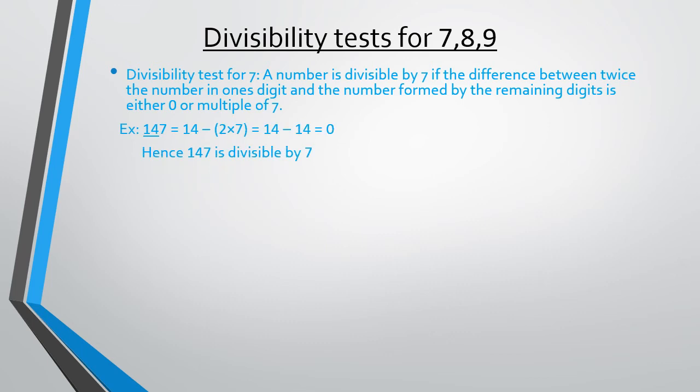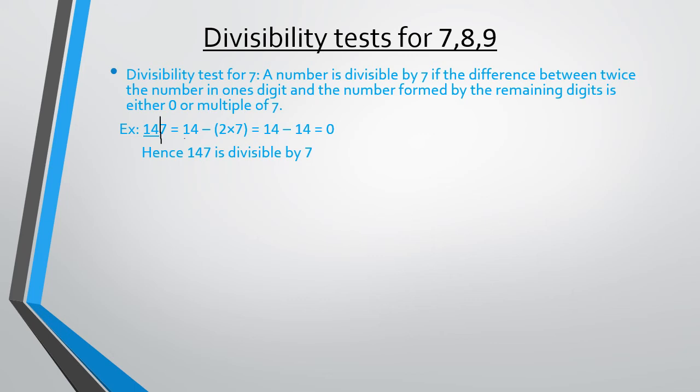Now I have taken the number 147, children. So first I am going to separate the number in one's digit from the remaining digits. And what are the remaining digits forming? They are forming 14.